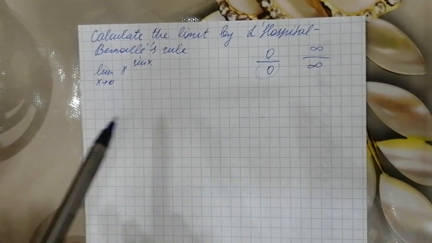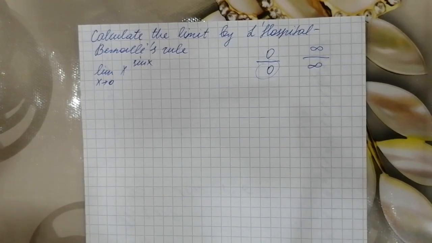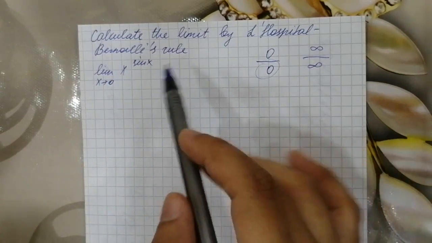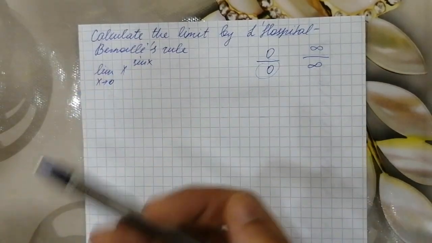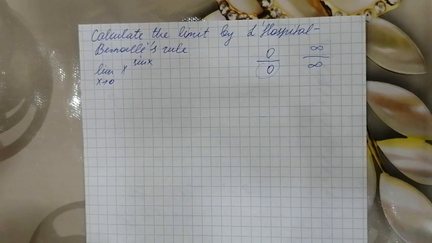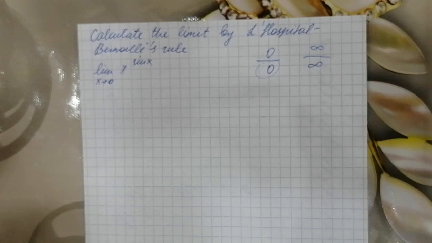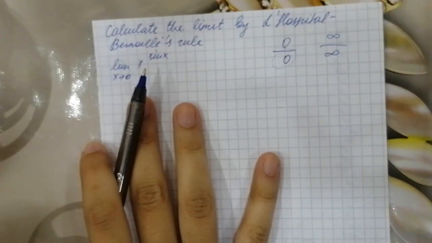But this task is a little bit different from the others because we don't have a fraction, and we have to convert it into a fraction. How will we do it?